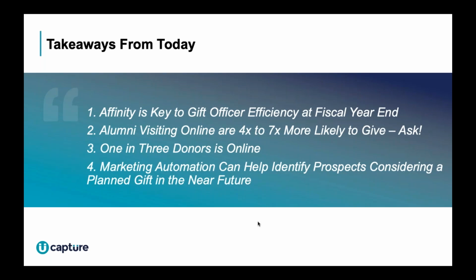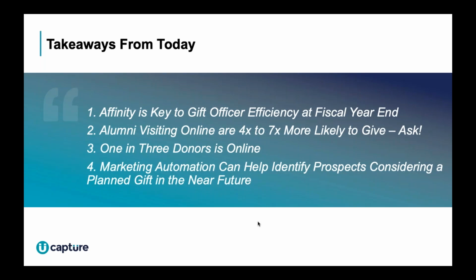I hope you learned how much affinity is key to helping build the right architecture within an advancement office. There are a number of different ways that capacity plays into our existing advancement efforts, and identifying the right alumni and prioritizing alumni through their affinity can really have a profound impact, not only at fiscal year end, although those impacts are amplified because we do have a condensed time frame.